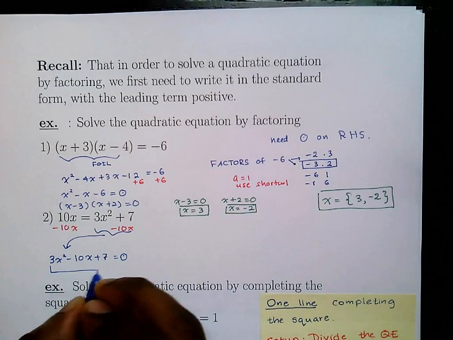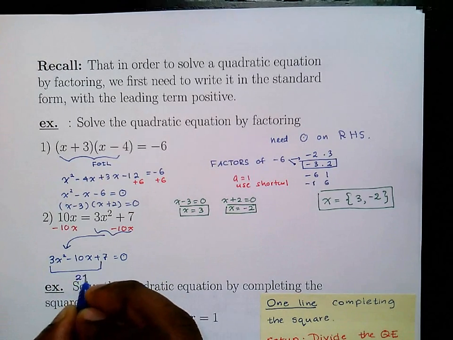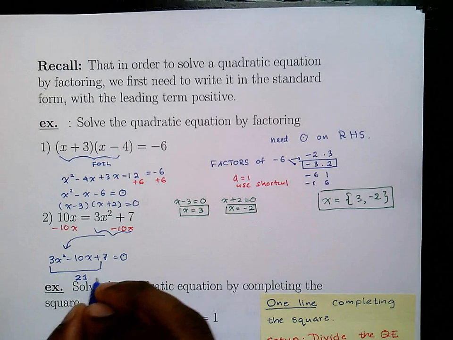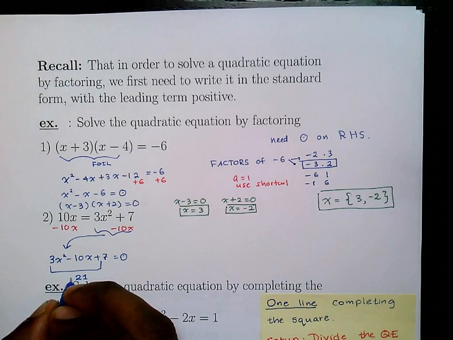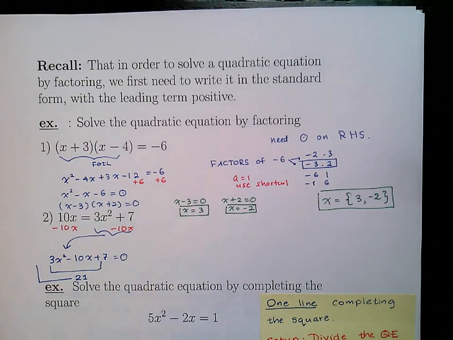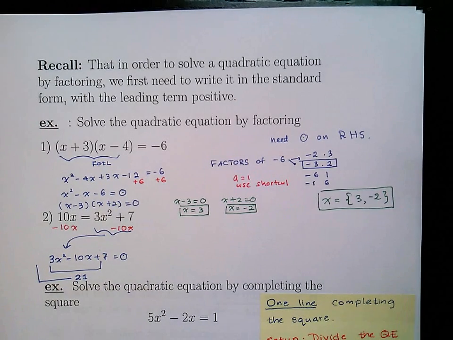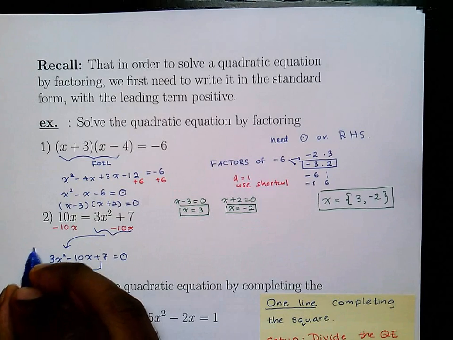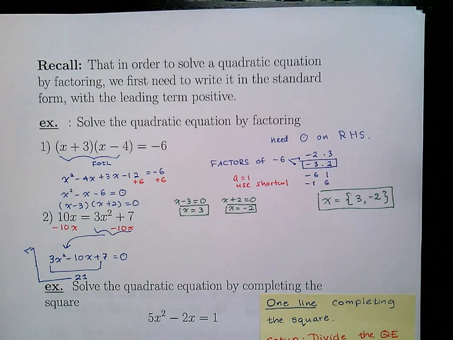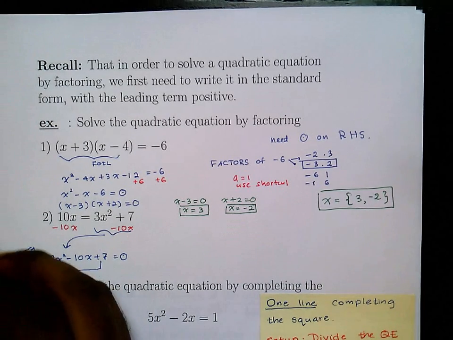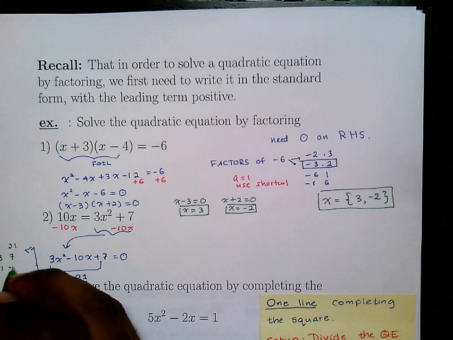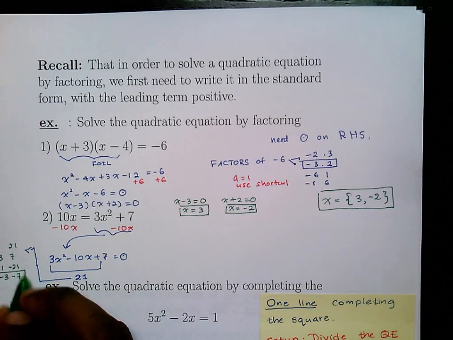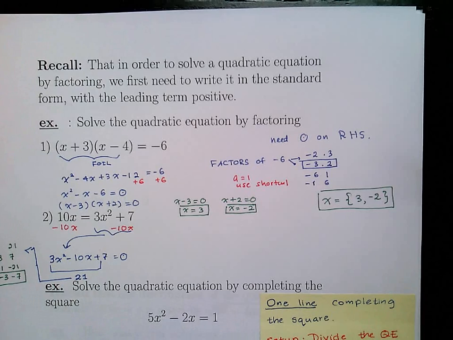And now you would multiply these two, that would be 21, and you would find factors of 21 that would add up to negative 10. So let's factor it. Well, 1 times 21, 3 times 7, negative 1 times negative 21, negative 3 times negative 7. And negative 3 and negative 7 add up to negative 10. But here a is not 1, so no shortcut.